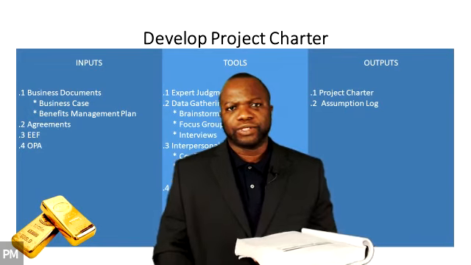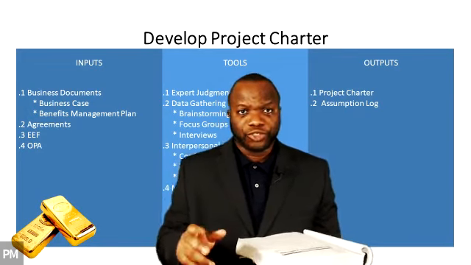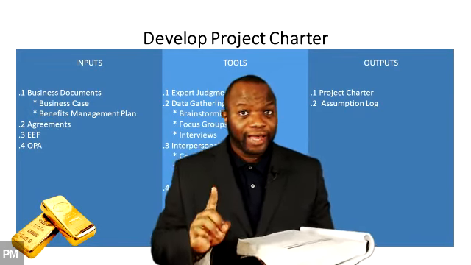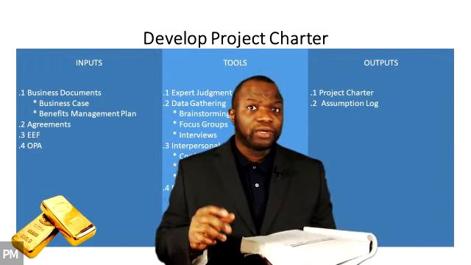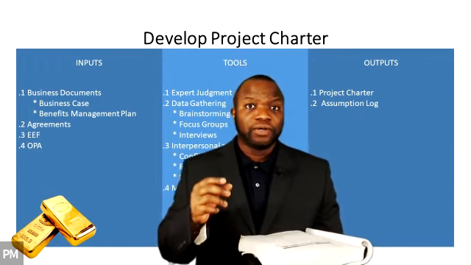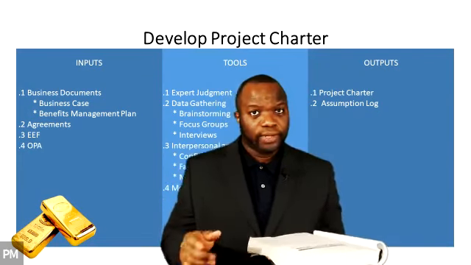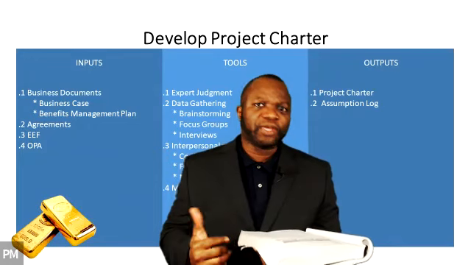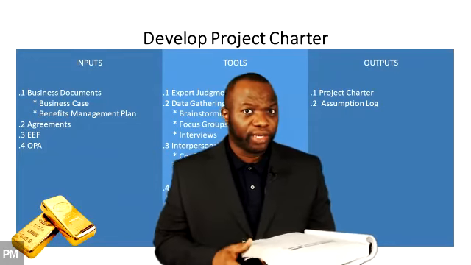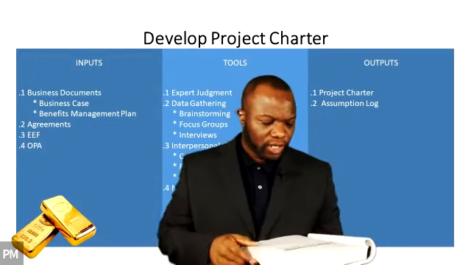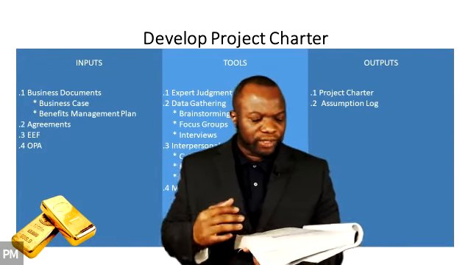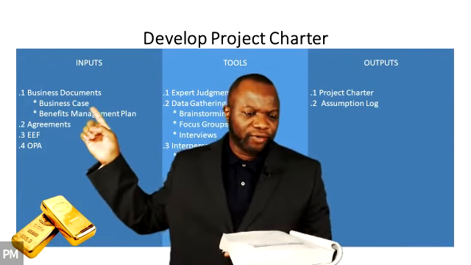And it also tells you who is responsible for tracking the benefits. And it also tells you how those benefits will be tracked, managed, and realized. See? So it is important for you to know this because I suspect the PMI could ask you questions about this.